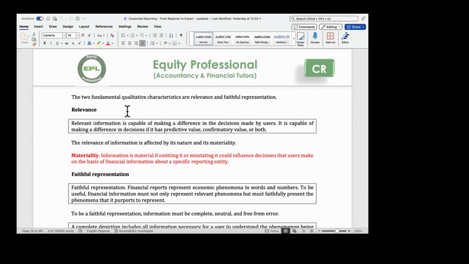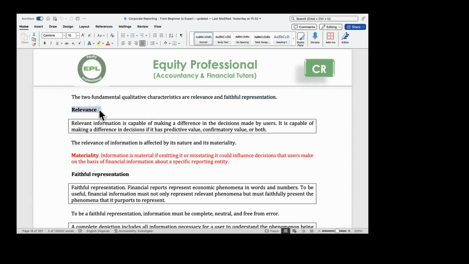Now, the fundamental qualitative characteristics, there are two of them. There is relevance and there is faithful representation.